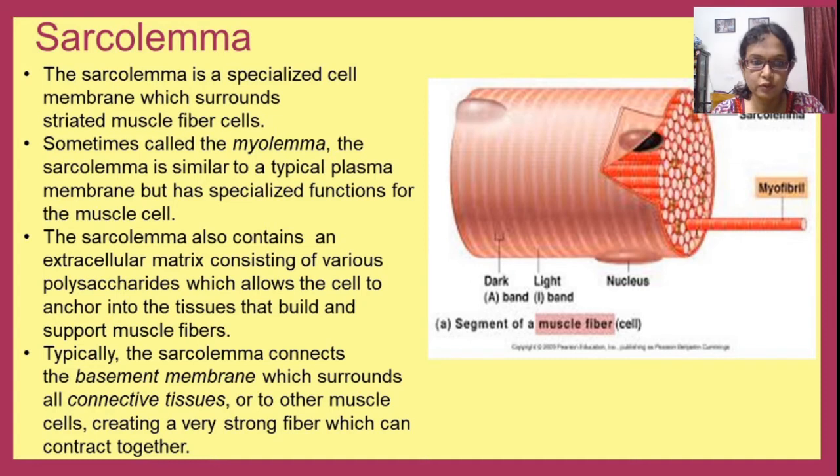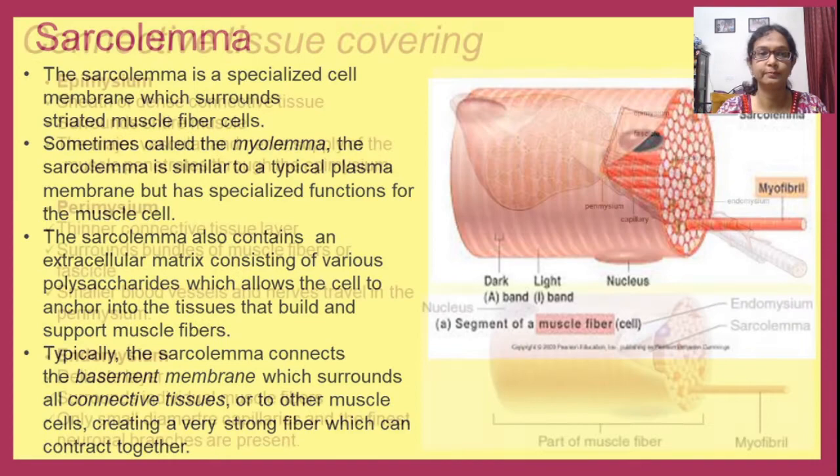But actually it is tightly connected with the basement membrane and the other muscle tissue and the different connective tissue, because during contraction and relaxation, the muscle fibers or muscle cells have to be tightly attached to the surroundings. So sarcolemma plays a very important role in attaching the muscle cells to the surroundings.